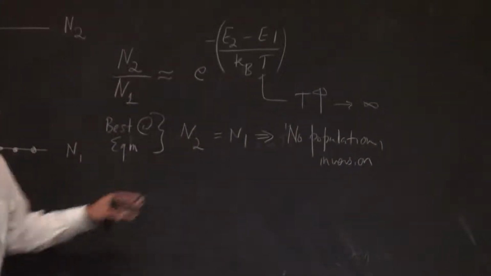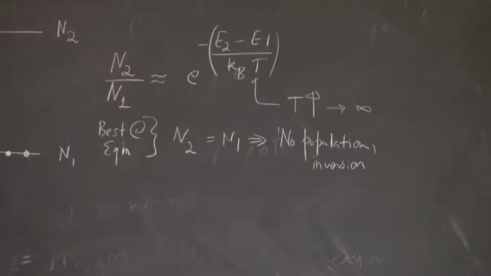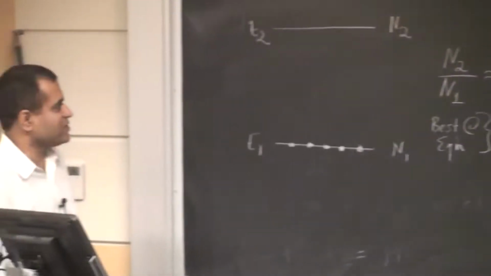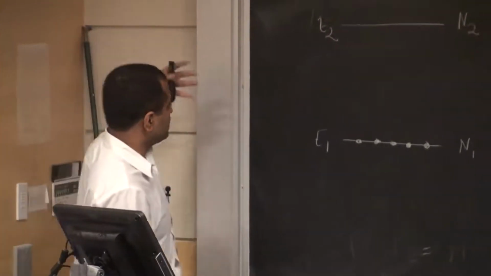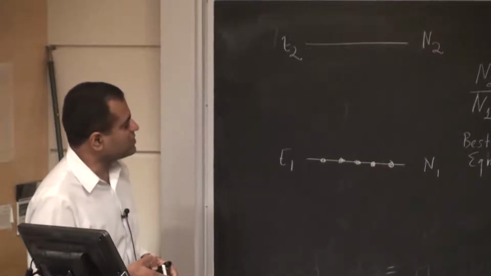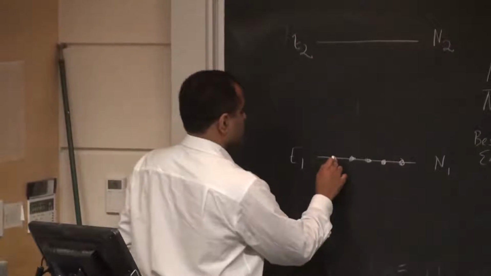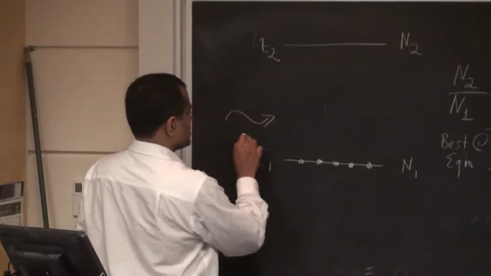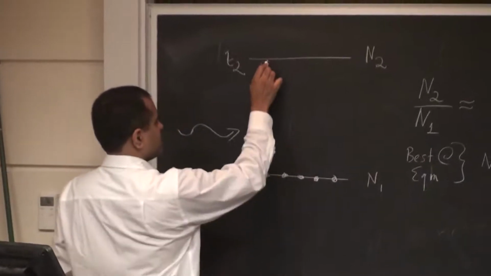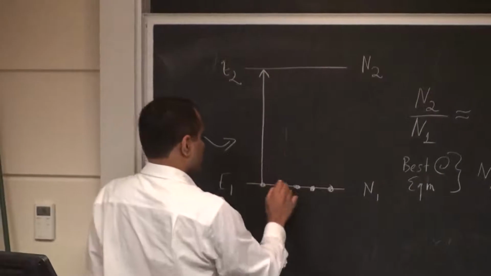So I have to find a way to pull this out of equilibrium, because it's clearly upside down, so it's a highly non-equilibrium situation. I can shine light, I can pump it, or there are many other ways: chemical reaction, electron injection, all kinds of things. But let's look at the situation where I'm using light to pump it, and I excite it this way, and then I try to do more and more.